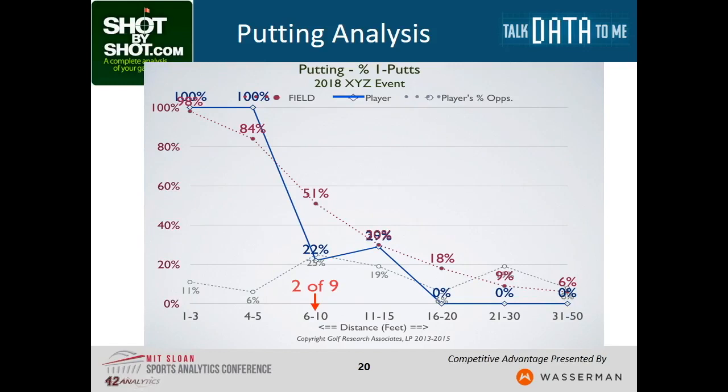So when I look at one putts, it's very easy, and the tour has all this. Look at the various ranges, and I can compare my players to the top 5, the field, the top 25, depending on where they fall in the grand scheme of things. But I found that in the short putting skill, there's 2 very important ranges. The 6 to 10 foot range, because it invariably occupies more opportunities than any of the other short putting ranges.